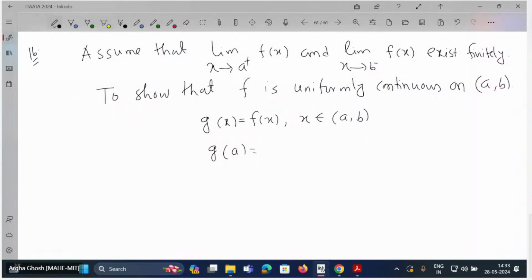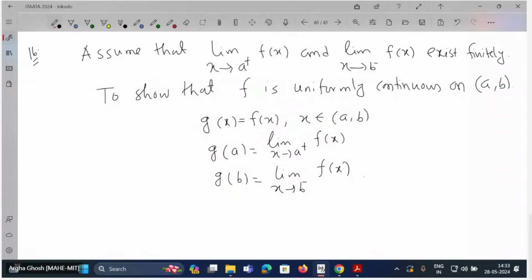Anyone else can guess? What should we define as g? Limit, correct, limit x tends to a plus f of x. This is a well defined number, and g of b equals to limit x tends to b minus f of x.